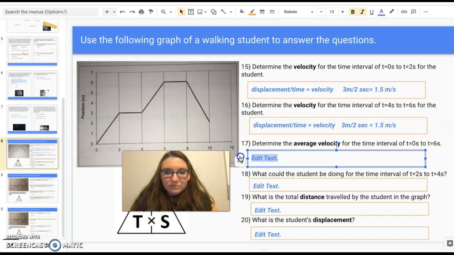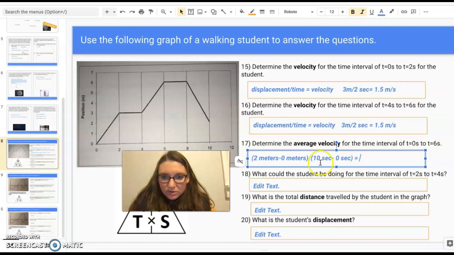So thinking about this again, this is my y2, this is my y1, so 2 meters minus 0 meters, in parentheses, divided by 10 seconds minus 0 seconds. Equals, so that ends up being 2 divided by 10.